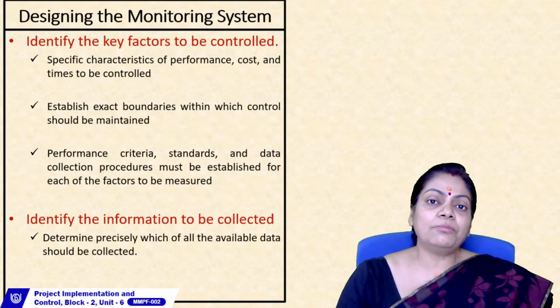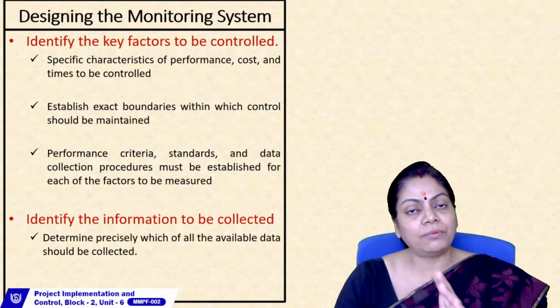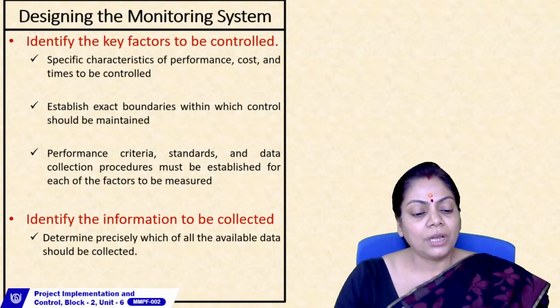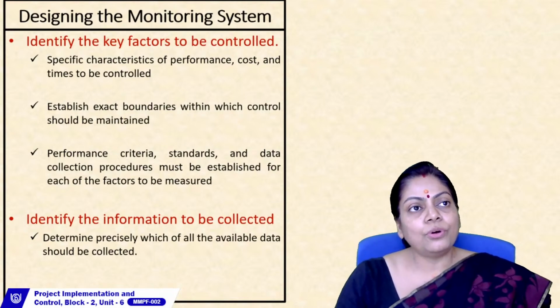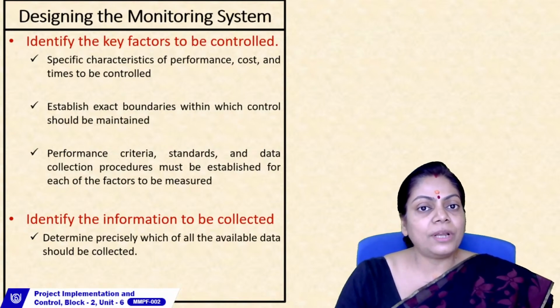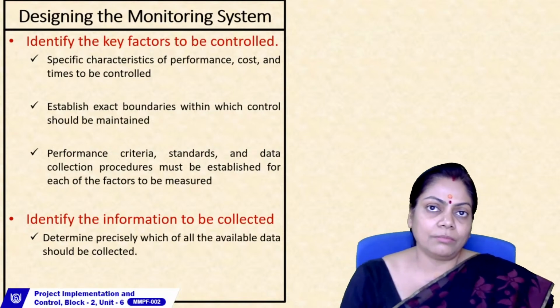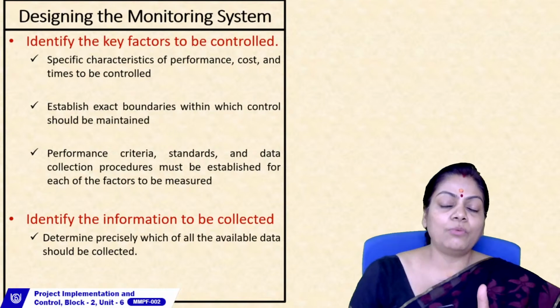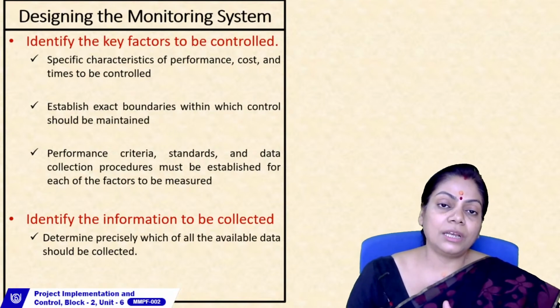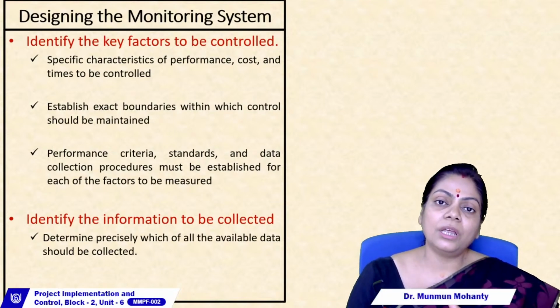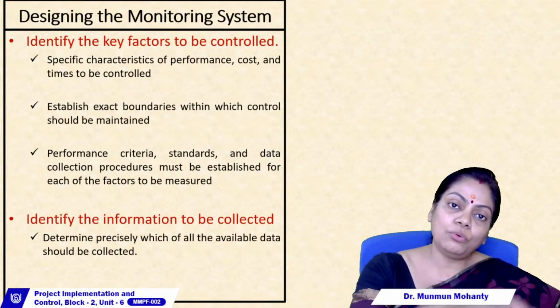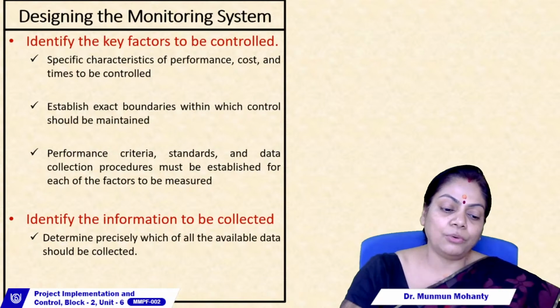Basically, the objective of monitoring is to keep an eye on the objective that we are going to achieve. But here the focus shifts to the area which is visible and on which you can easily get data. So if you are not very careful regarding what we are trying to control, the focus shifts from the objective we want to achieve to what is visible to you.